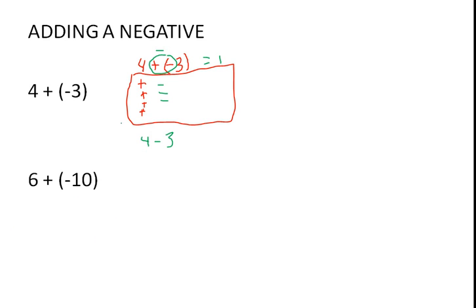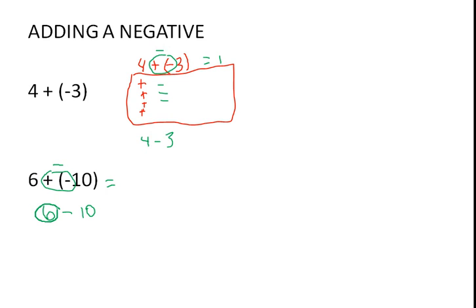So 6 plus a negative 10, adding a negative is the same as subtracting. We just showed that right here. So it's really 6 minus 10. And with 6 minus 10, this is the situation where we could write it like we did in the previous video and circle the two amounts.